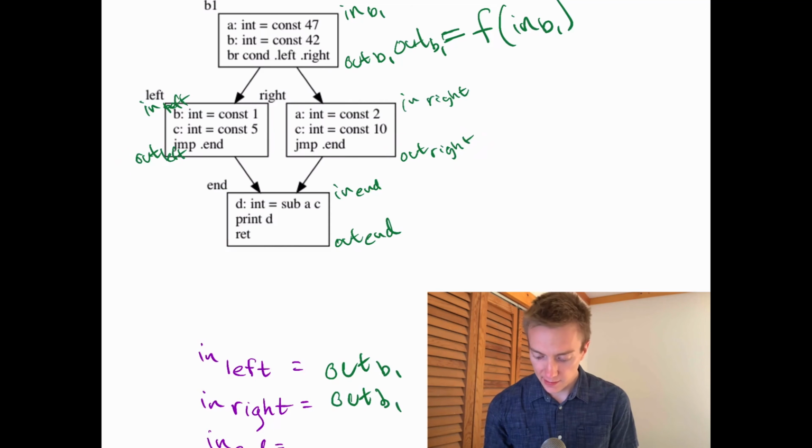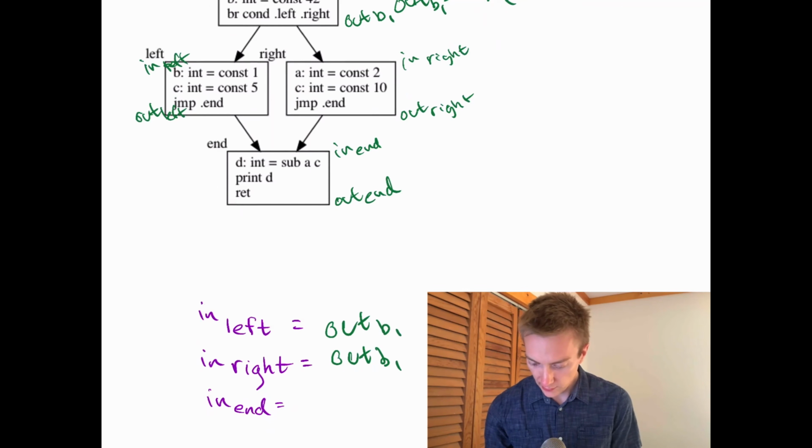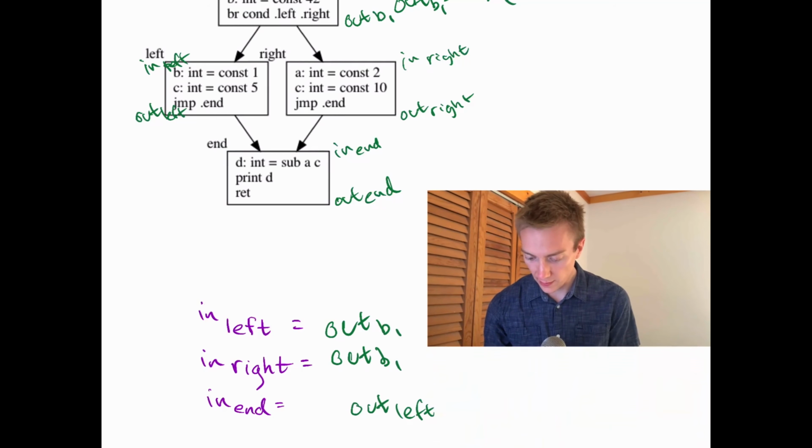That is, we can't say that whatever is true here is exactly the same as out left, the end of the left basic block. We need some way of combining those pieces of information. So it's definitely going to be related to out left. That is, in end will have something to do with the out left and out right variables.